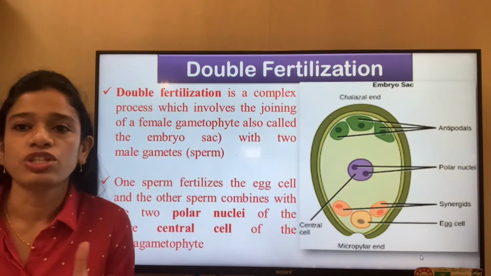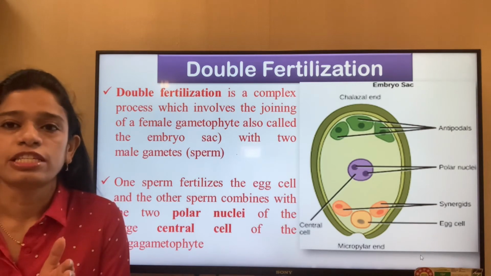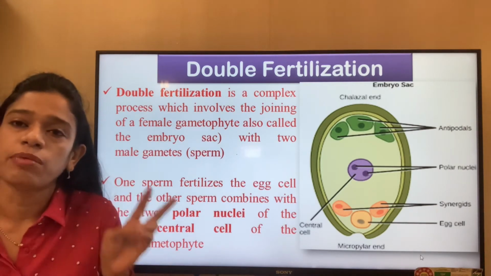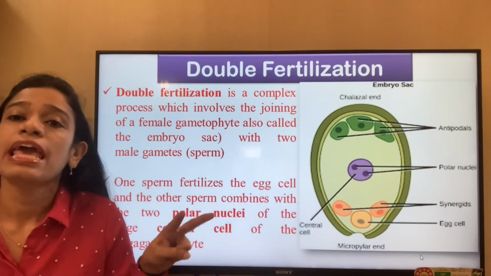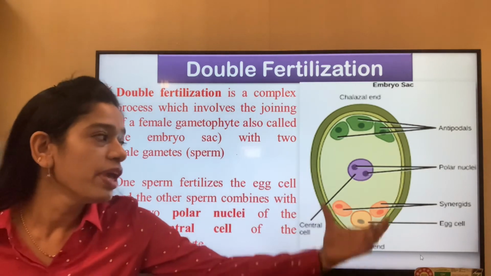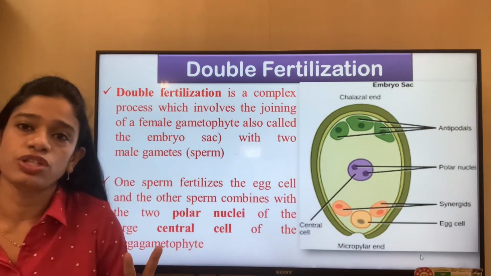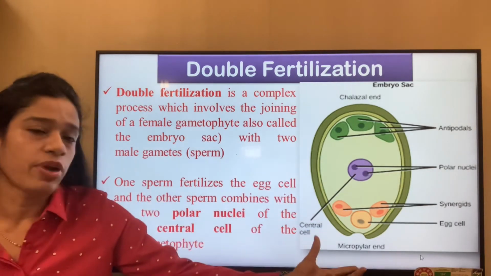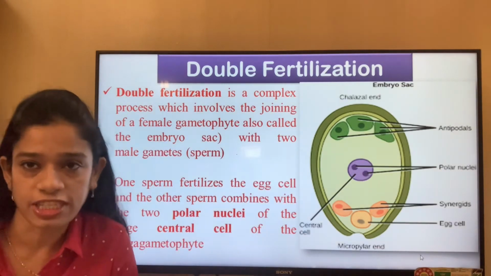Double fertilization is a complex process. It means there are two fertilizations taking place simultaneously in the same embryo sac, and because of that it is called double fertilization.